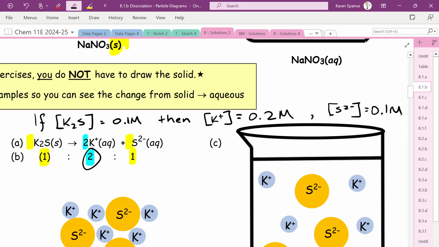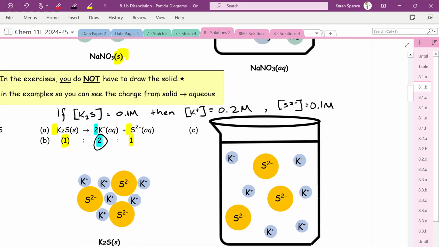Okay? And again, we have an electrolyte. There we go.